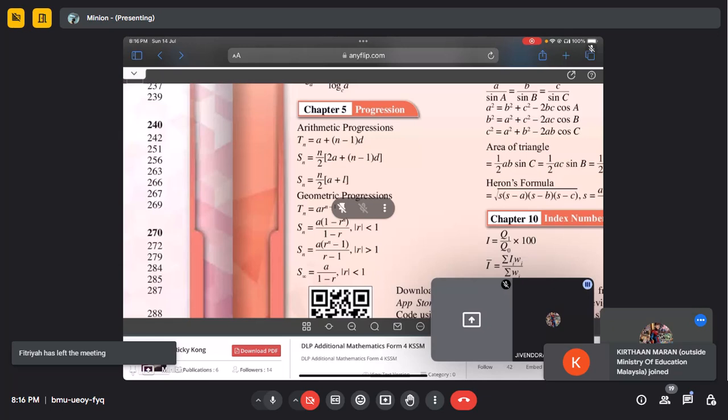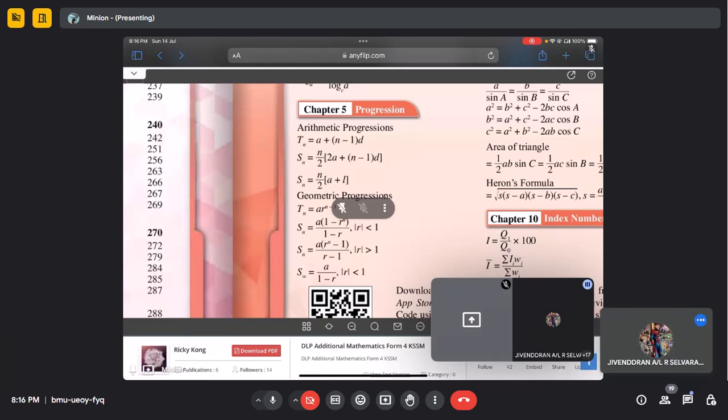For arithmetic, the first formula is to find the number of terms, which is Tn equals a plus (n minus 1) d, where n is the number of terms, a is the first term, and d is the difference between the terms.